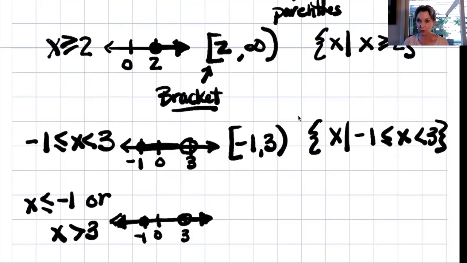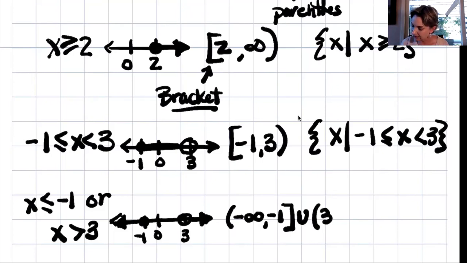The first one is -infinity to -1, and it includes the -1 because it's less than or equal to, so that's a bracket. And we're going to union that with another set of numbers, which is 3 to +infinity, and that's parentheses.